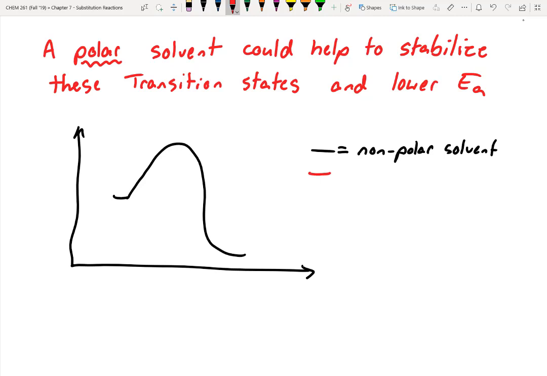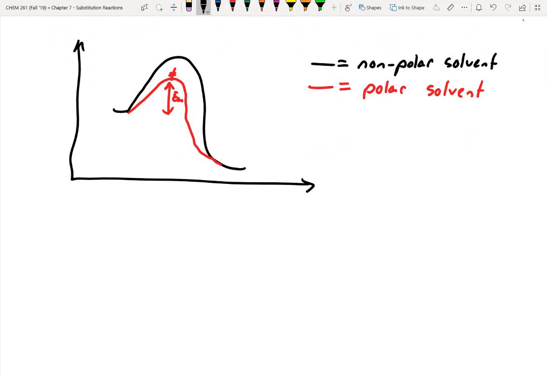Let's do a red line for a polar solvent. The red one would make this transition state jump a little bit smaller for each of these, right? So it would help stabilize that transition state by stabilizing that polarization of the molecule. Does that make sense? Okay, so a polar solvent is good for both SN1 and SN2.